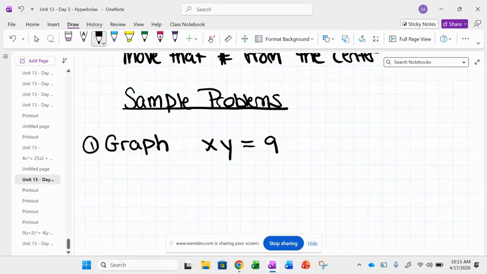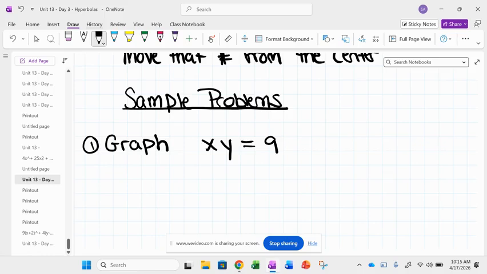I want us to graph xy equals 9. I didn't tell you what this is. So our options are a parabola. Is this a parabola? No, nothing squared, right? Not x, not y, right? Then it brings us to a circle. Is this a circle? No, I actually know it's not a circle. I know it's not an ellipse, and I know it's not a normal hyperbola.